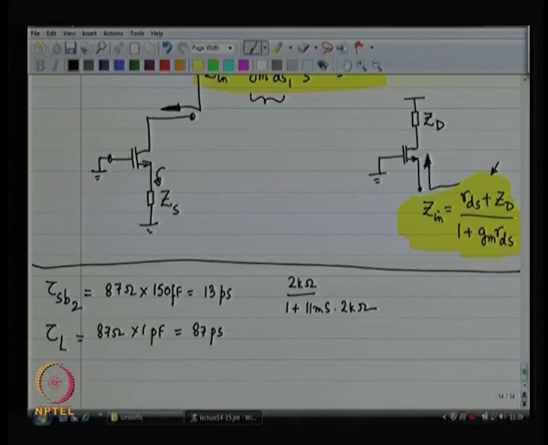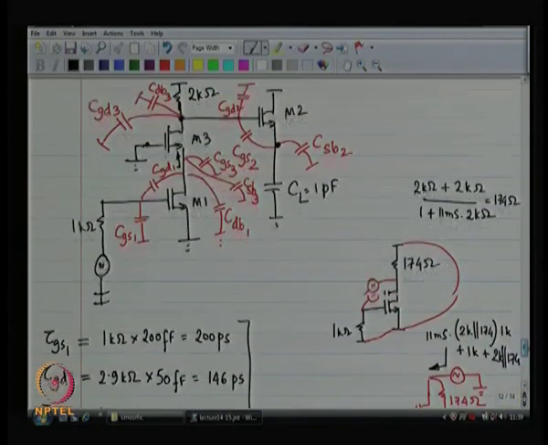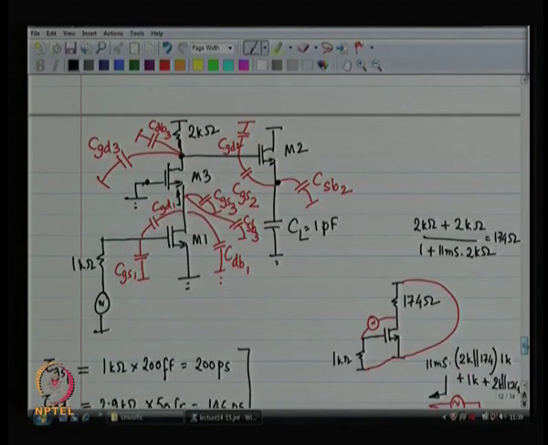Okay. So let me mark out whatever we have done. Okay. See gate to drain of the second device. Let us do this particular one.